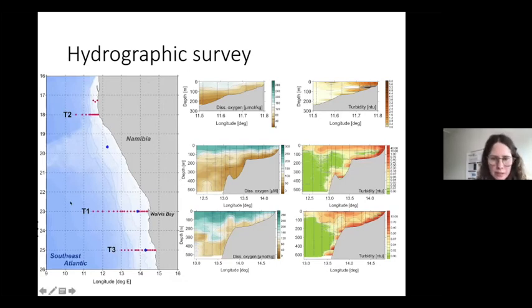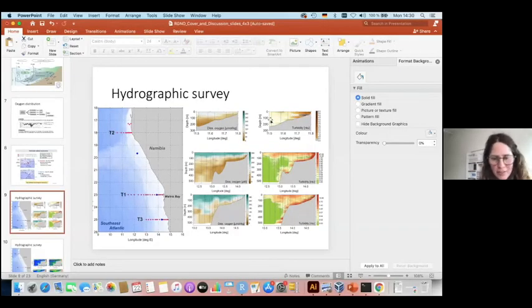Unfortunately I don't have here a graph that shows the percentage of the water that belongs to the South Atlantic Central Water and the Eastern South Atlantic Central Water, but that would be an interesting graph to show next time probably.